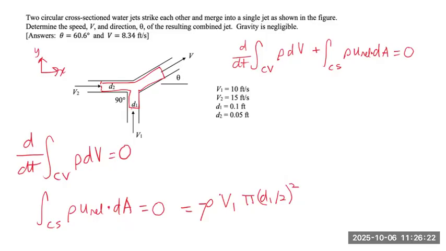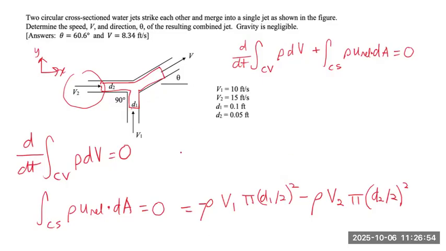And then we also have the flow from V2. So that one will also be negative, because the vector of V2 and the area vector of the control surface are in opposite directions. So we have negative rho times V2 times pi times (d2 over 2) squared.